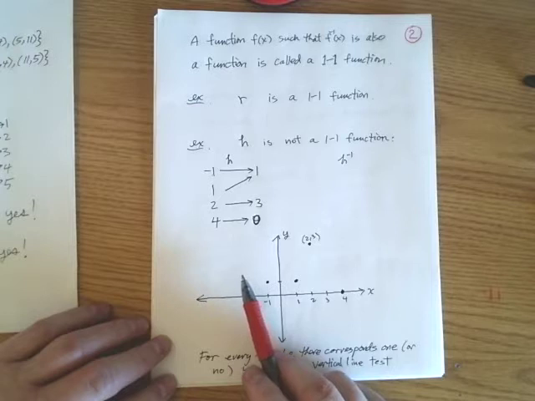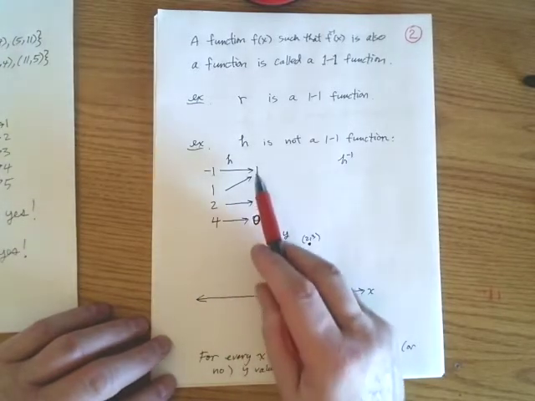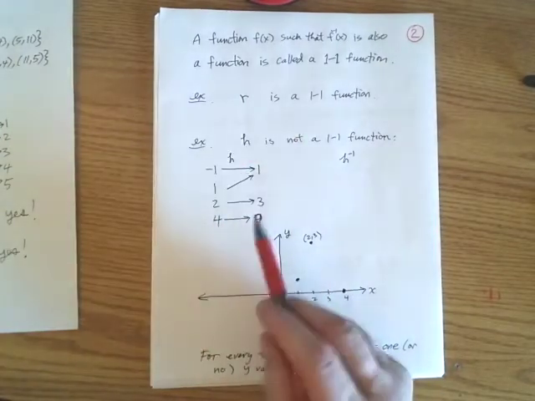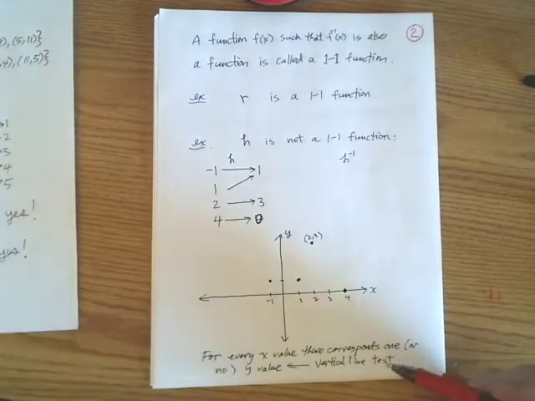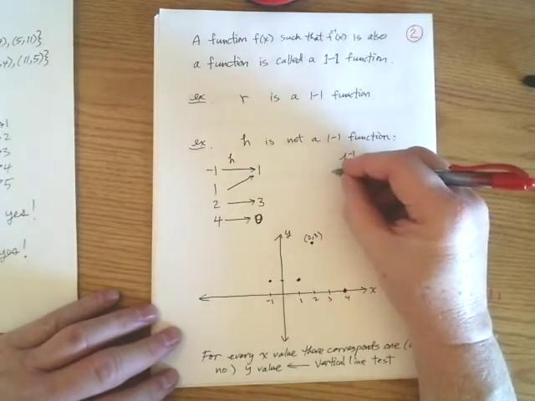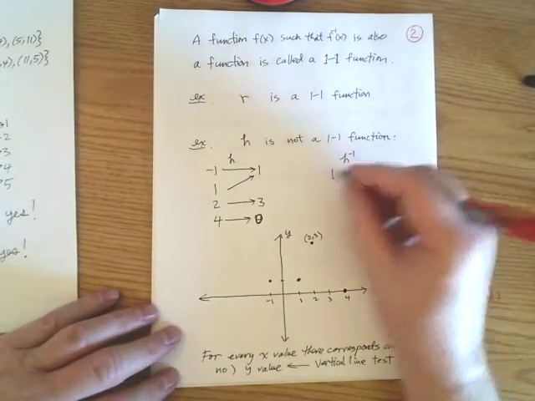Is this a function? Yeah, corresponding to every element over here, there's only one element over here. It isn't doing that thing, right? Reading from left to right, look at the direction of the arrows. But it's actually not one-to-one, because what would happen if I create the inverse relation here? I'm going to just change the direction of arrows.